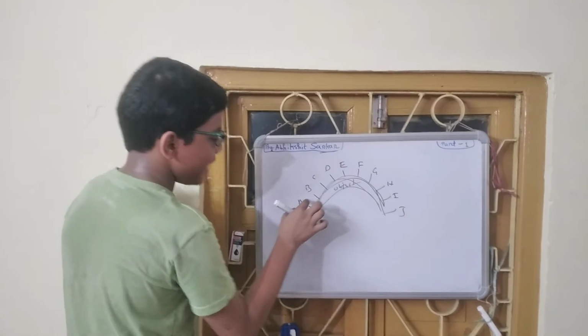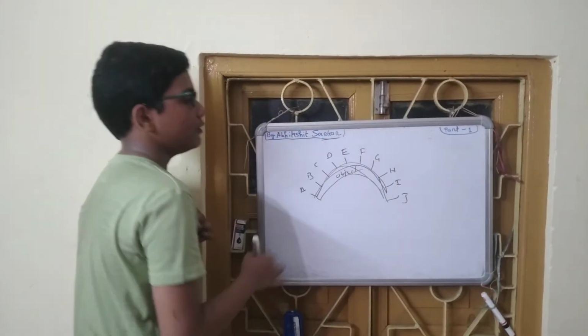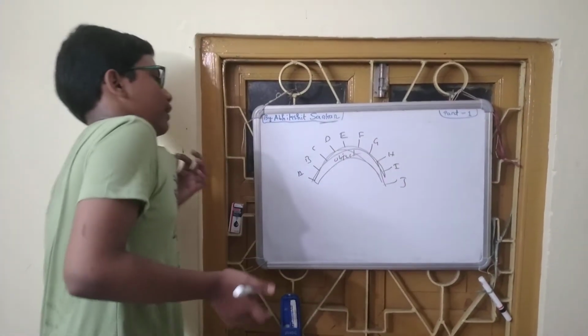First we measure the length of A to B with a meter ruler or meter tape.